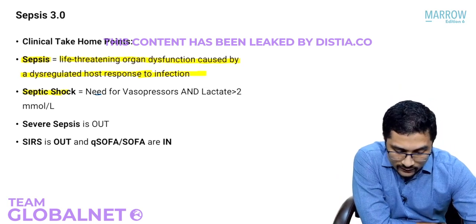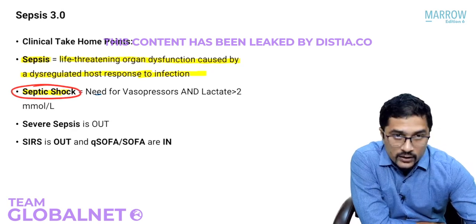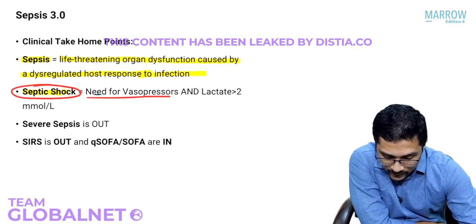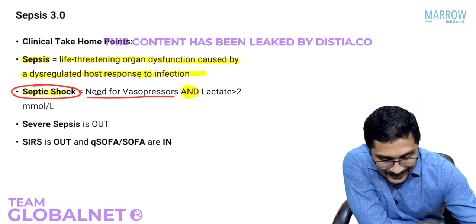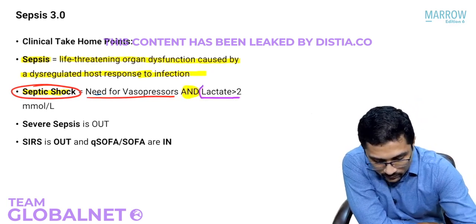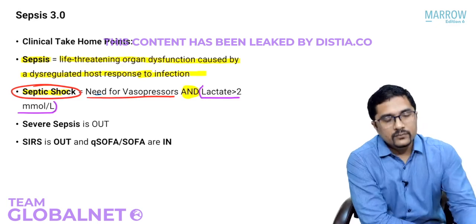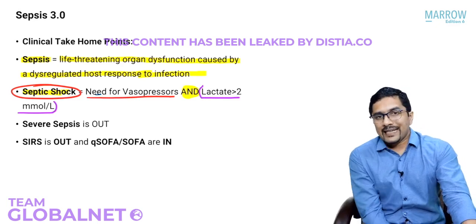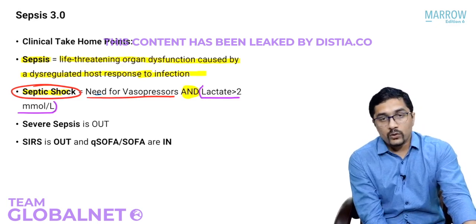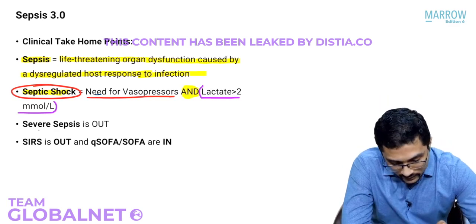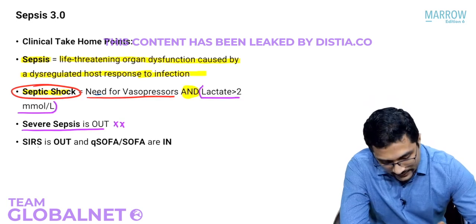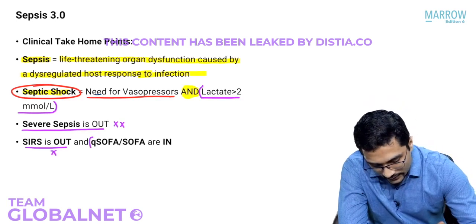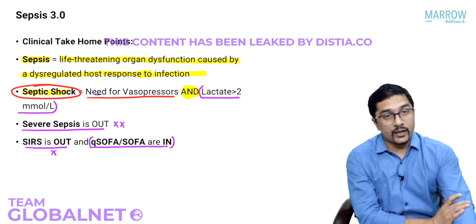Septic shock, the definition has changed, very important. It is the need for vasopressors and a serum lactate more than 2 millimoles per liter. The term severe sepsis has been removed and SIRS is out and QSOFA and SOFA are used.